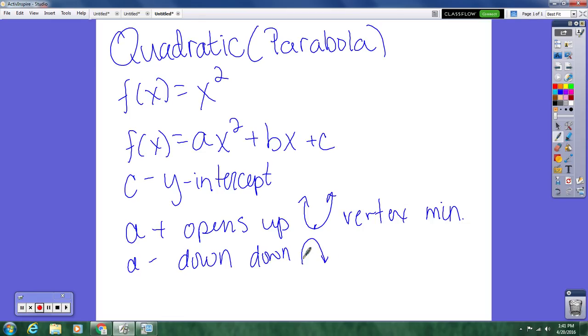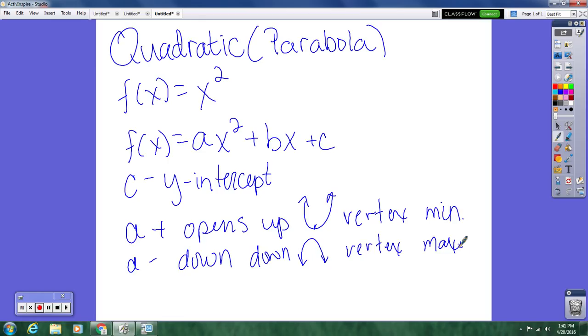So it would look like that, which means the vertex would be a maximum. So just by looking at the equation, we know whether it opens up or down, we know whether it has a max or a min, and we know where the y-intercept is. We know those three things automatically just by looking at the equation.